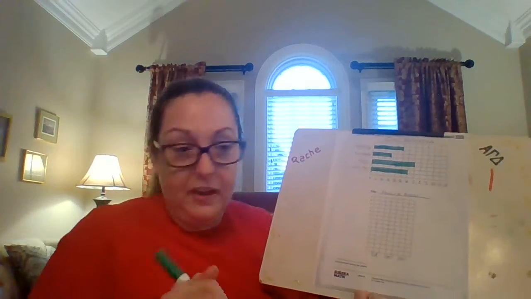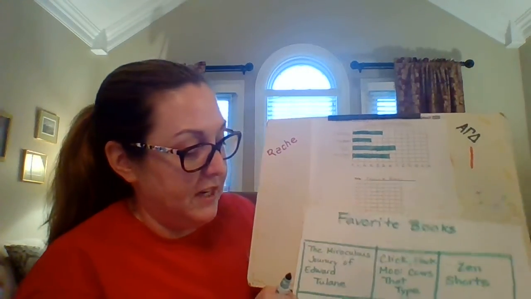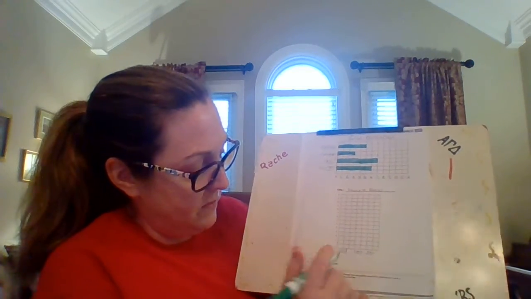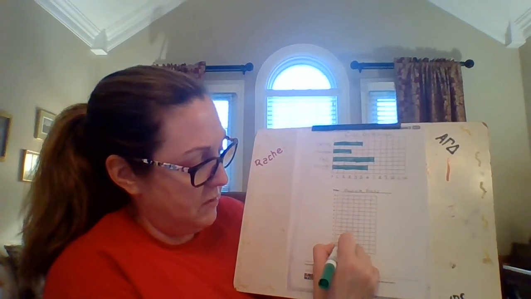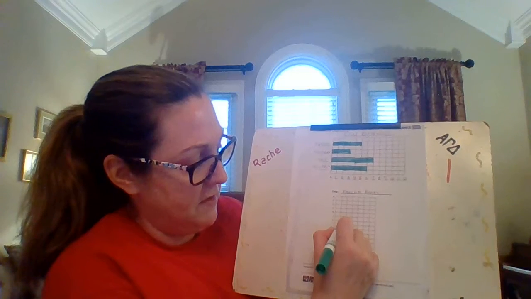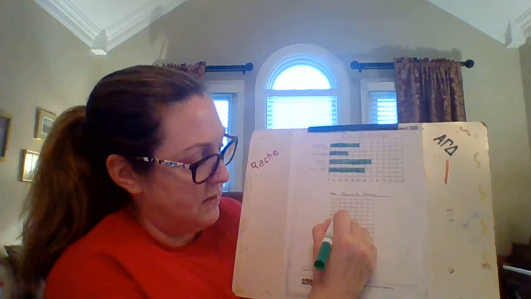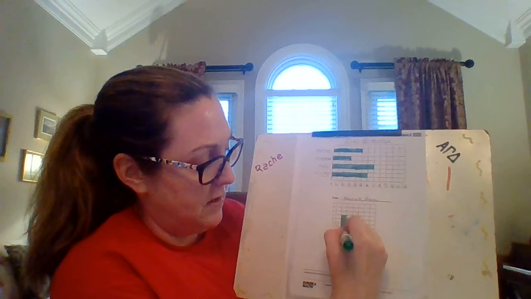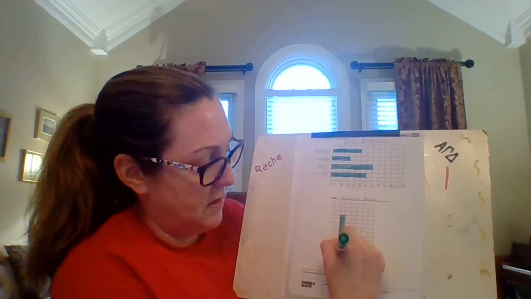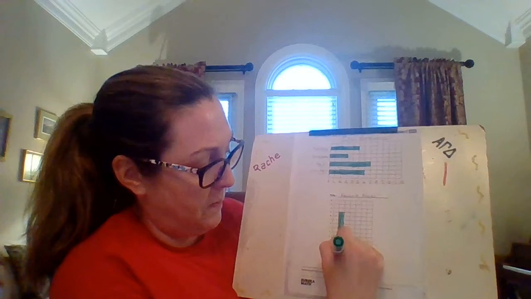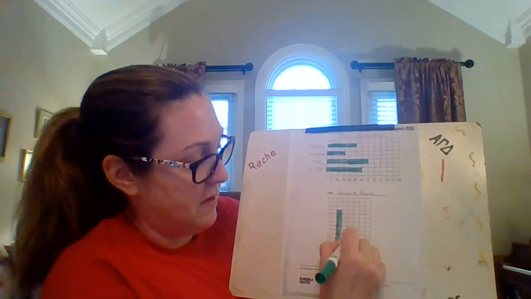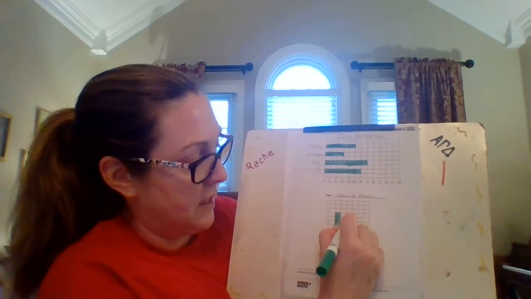All right. Finally, we're going to put our data on here. 11 people picked that book here. So 1, 2, 3, 4, 5, 6, 7, 8, 9, 10, 11. Cows was 9. 1, 2, 3, 4, 5, 6, 7, 8, 9.